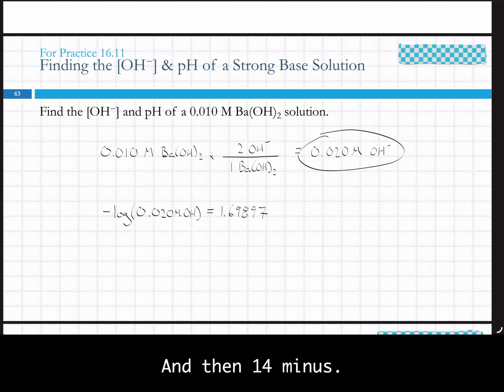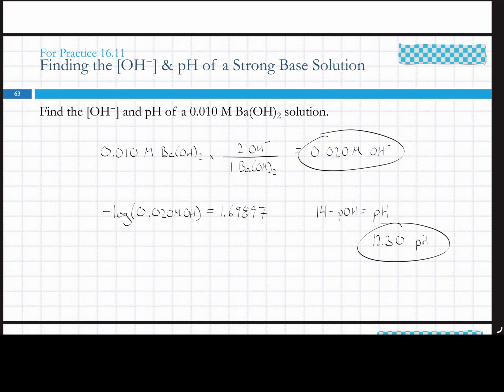And then 14 minus pOH will give me pH. So the pH is 12.30. So acidic, basic, or neutral? Basic.